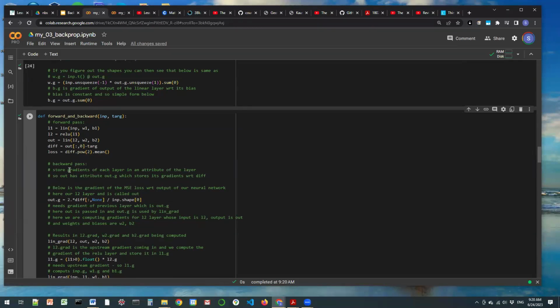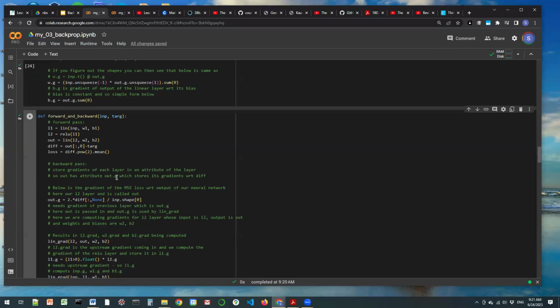For the backward pass, the first thing he says is, let's just, for simplicity, store the gradient that we want as an attribute of the value that we are computing it for. So if we are computing the gradient of the loss with respect to output, then we store it in output gradient, or out.g. So we store the gradients of each layer in an attribute of the layer.